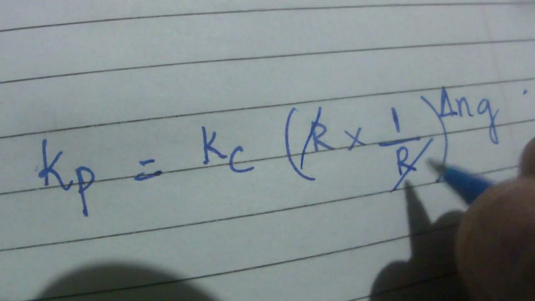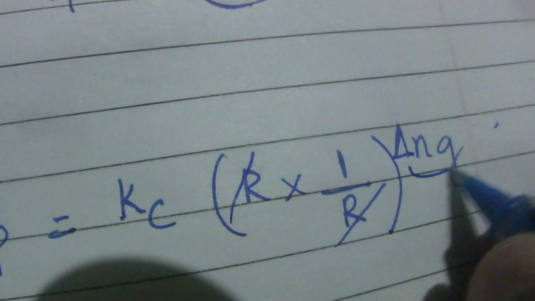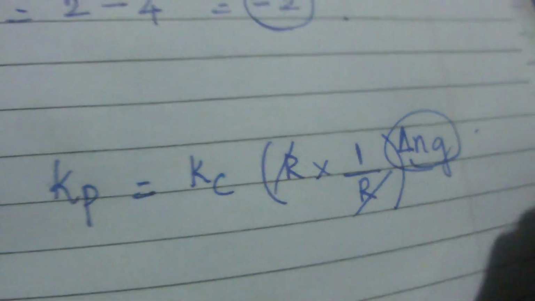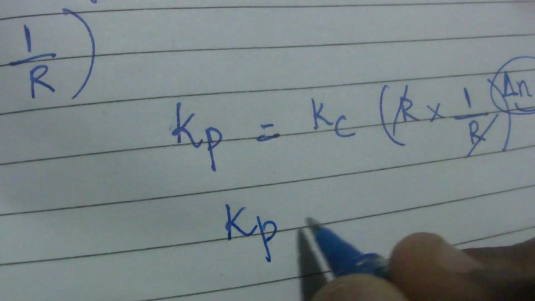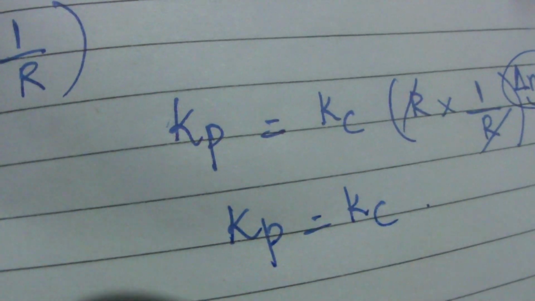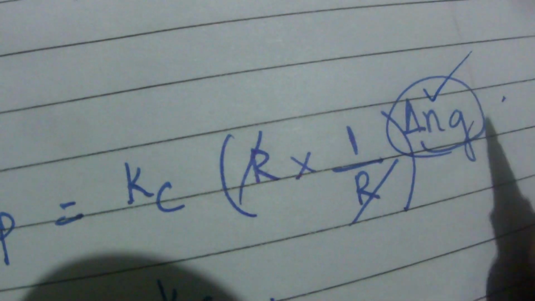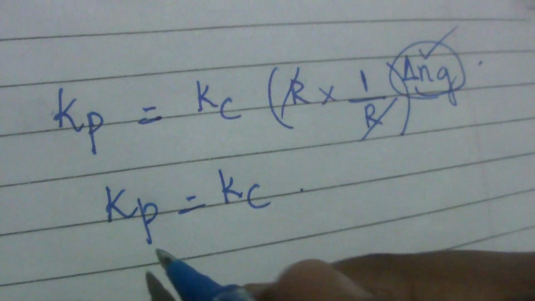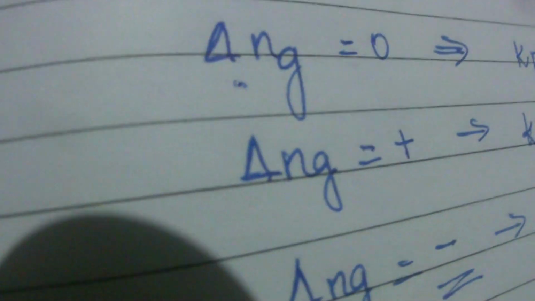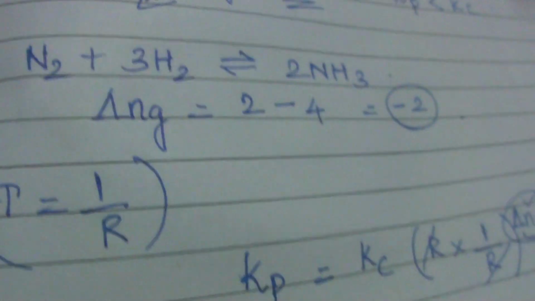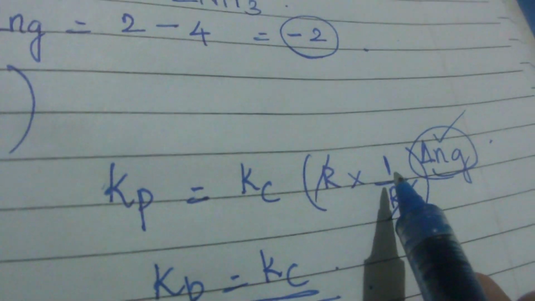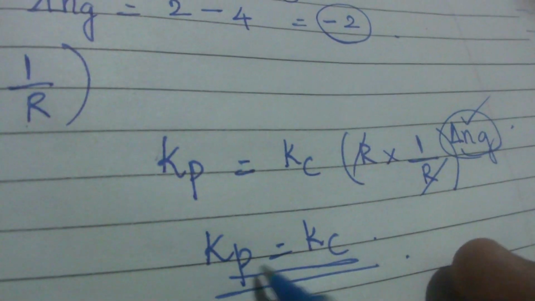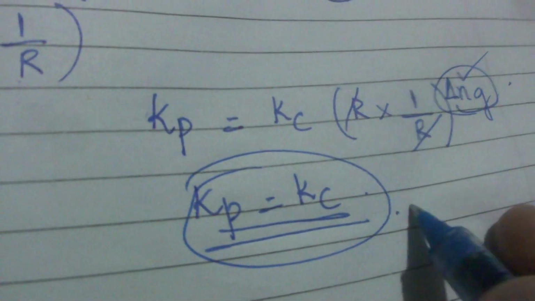So these two will get cancelled. 1 power anything, whether it is 2 or 3 or 4 or whatever, will give you only 1. So Kp will become equal to Kc. So in both of these cases, that is when delta Ng turns out to be 0 and when T is equal to 1 by R, Kp will be equal to Kc.